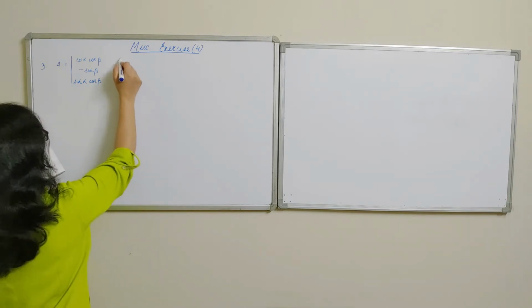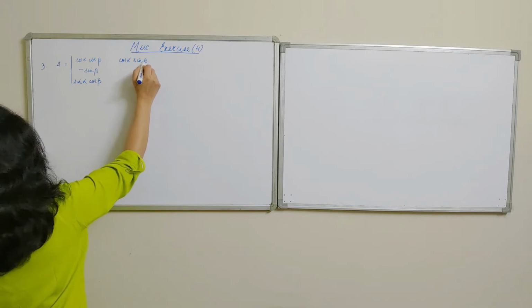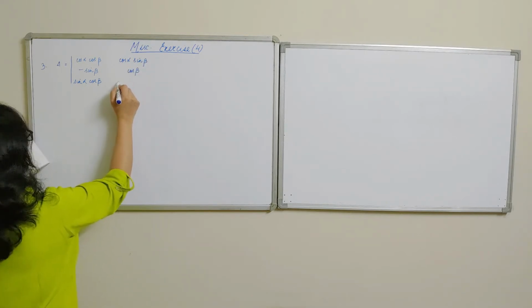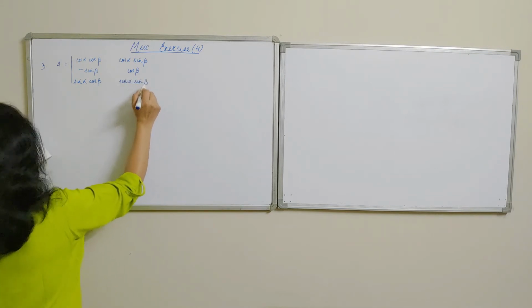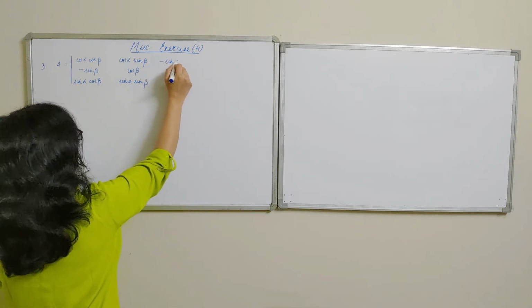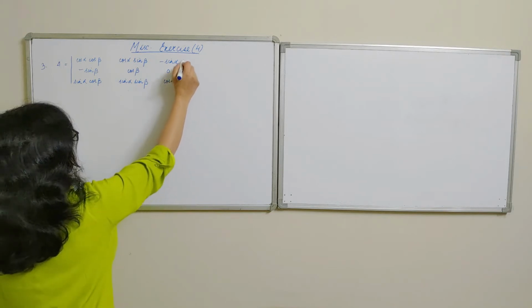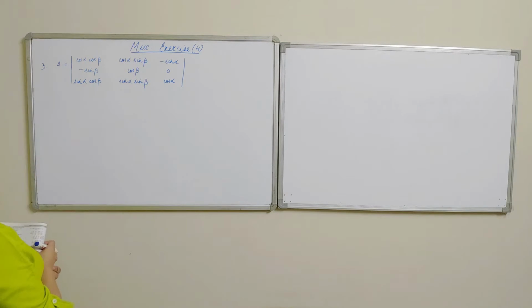Here we have cos alpha sin beta, cos beta, and sin alpha sin beta. The third column is minus sin alpha, 0, cos alpha. So the question is to evaluate this determinant.